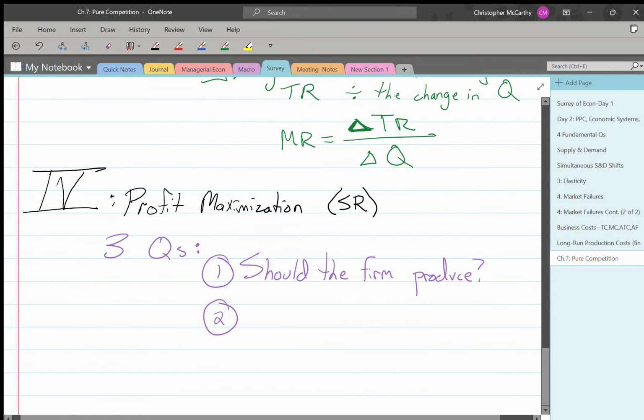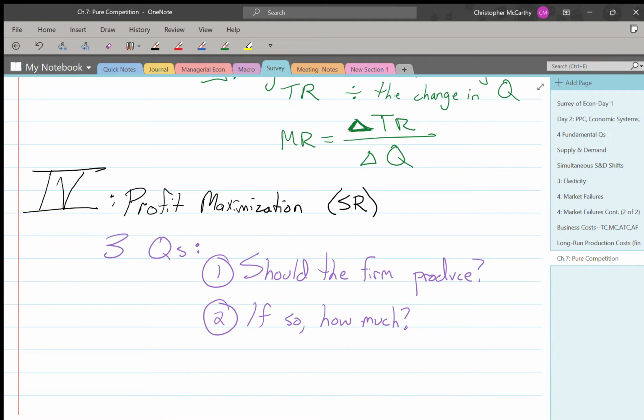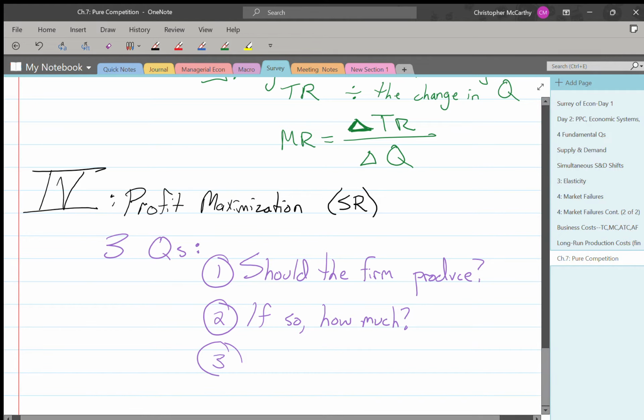We'll get to it. If so, how much? Are they just going to produce as much as they can, or is there some sort of level that is going to maximize their profit? And then third, what will be the profit or loss?